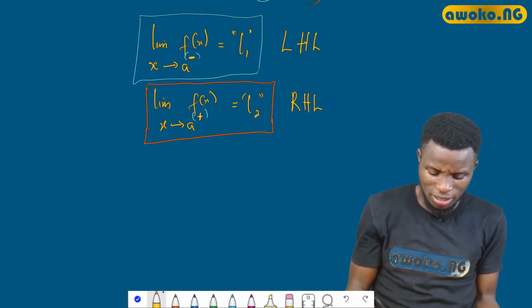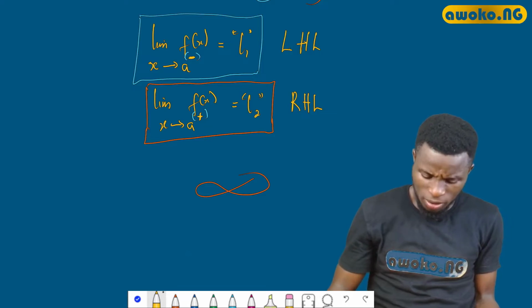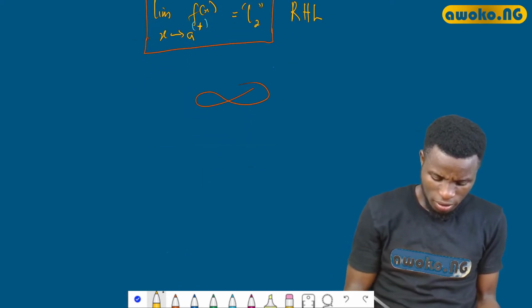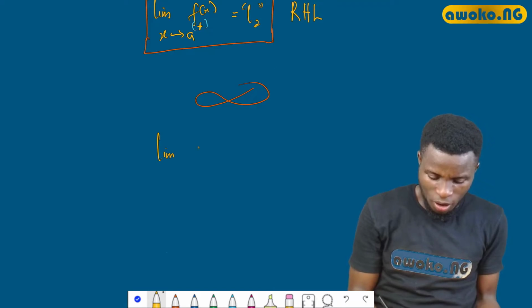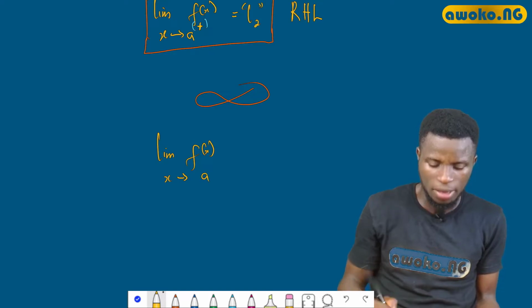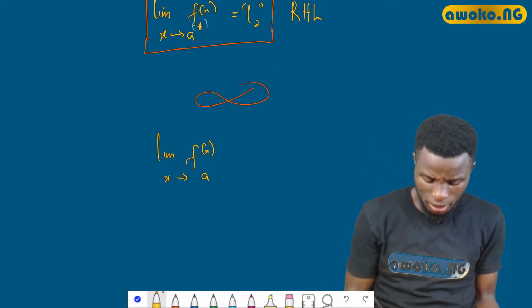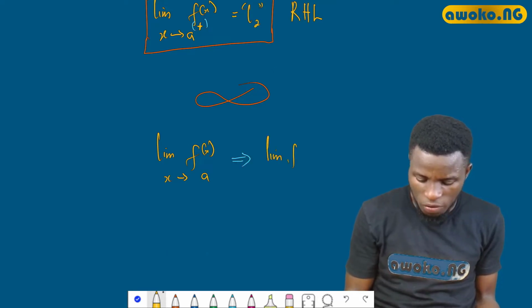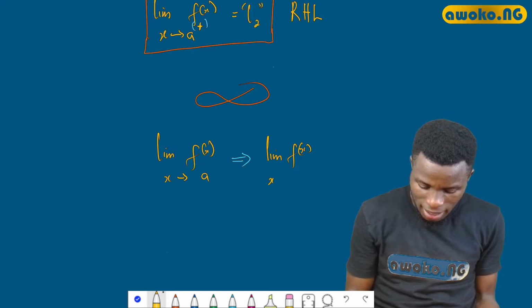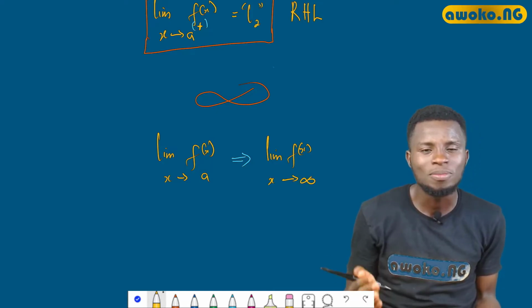Remember what infinity is. Infinity is this sign over here. So what happens if x, remember before we had limits of f of x as x tends to a particular number, a particular real value, a. But our question now is, what happens when we have limits of f of x as x tends to an infinite number?